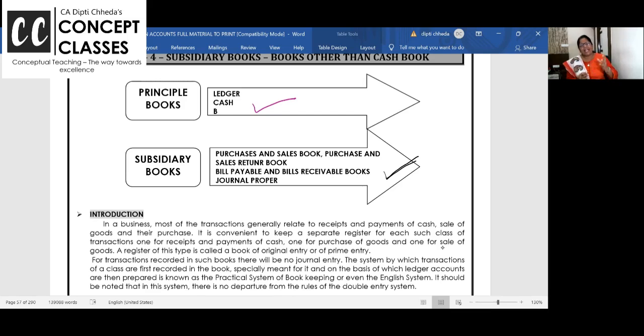Purchase, sale, cash, bank, bills receivable, credit entry, purchase return, sales return, party, discount allowed, everything, if you write in one journal, how bulky that journal will become, right or not? So for that, what we do is we make subsidiary books.